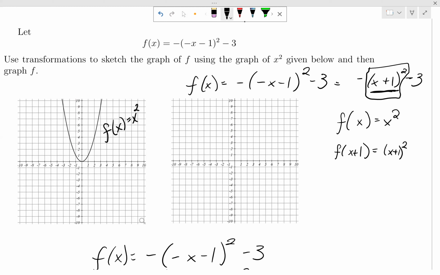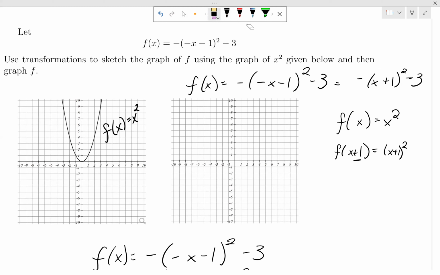From previous problems, I know that if this plus 1 is on the inside, I'm going to do the opposite. I'm going to move it to the left 1. So far, I've got something that looks like this, taking my x squared graph and moving it to the left 1 unit.